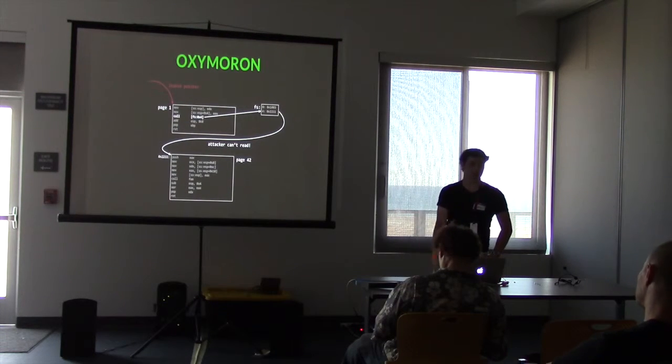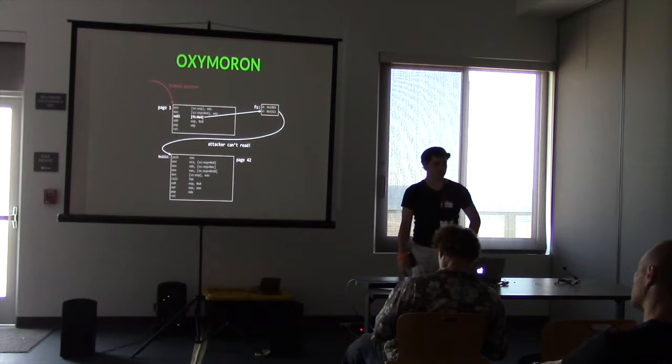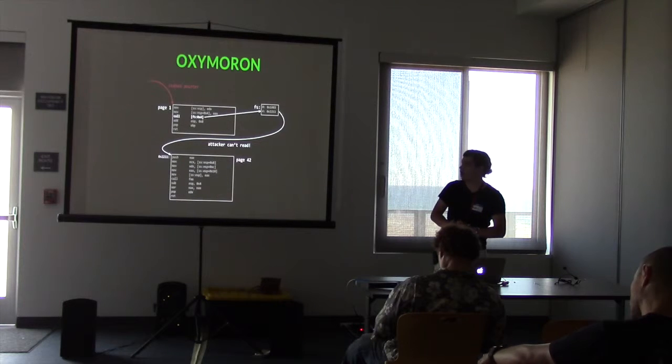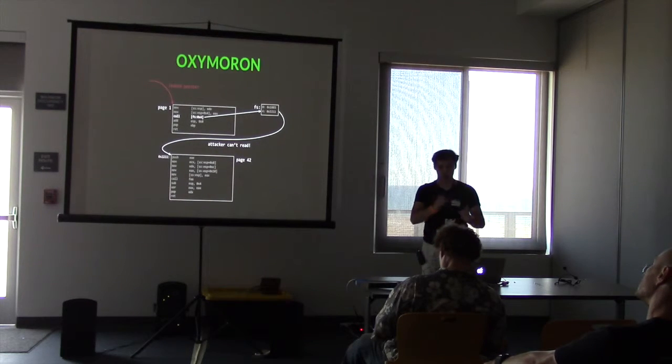The table is placed randomly. The attacker won't be able to probe forward and find it in a 64-bit memory space. So this allows all pointers from page to page to be masked with this FS register.